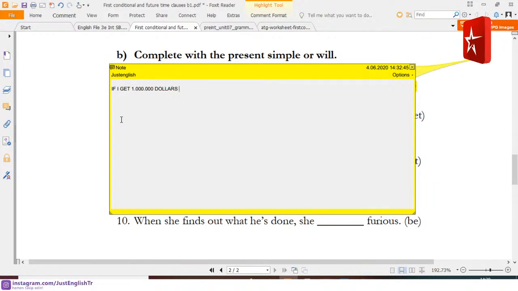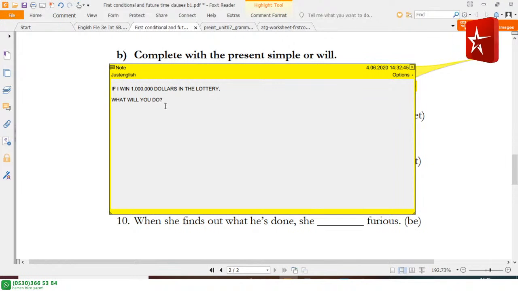If I get $1 million, not if I get, if I win. If I win $1 million in the lottery, what will you do? The question is, what will you do? I'm gonna get your own ideas. So if you win $1 million in the lottery, okay, what will you do?